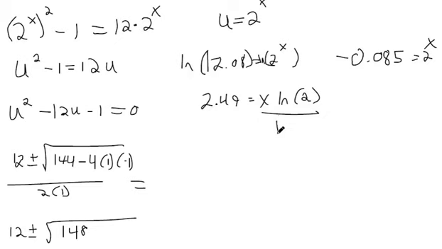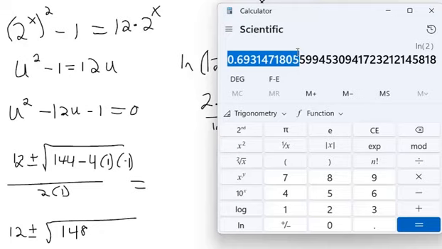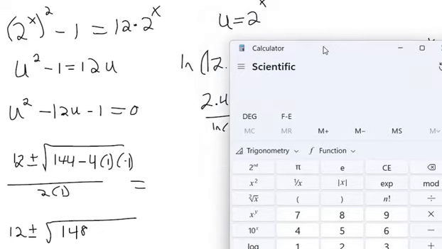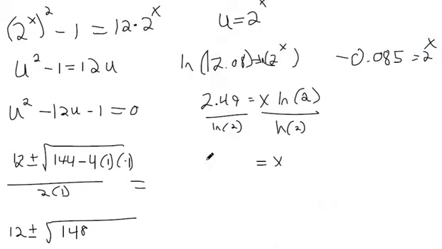So to finish getting x by itself, we want to divide both sides by natural log 2. So I take 2.49 and divide it by natural log 2. So it's 3.59. So that's what x is.